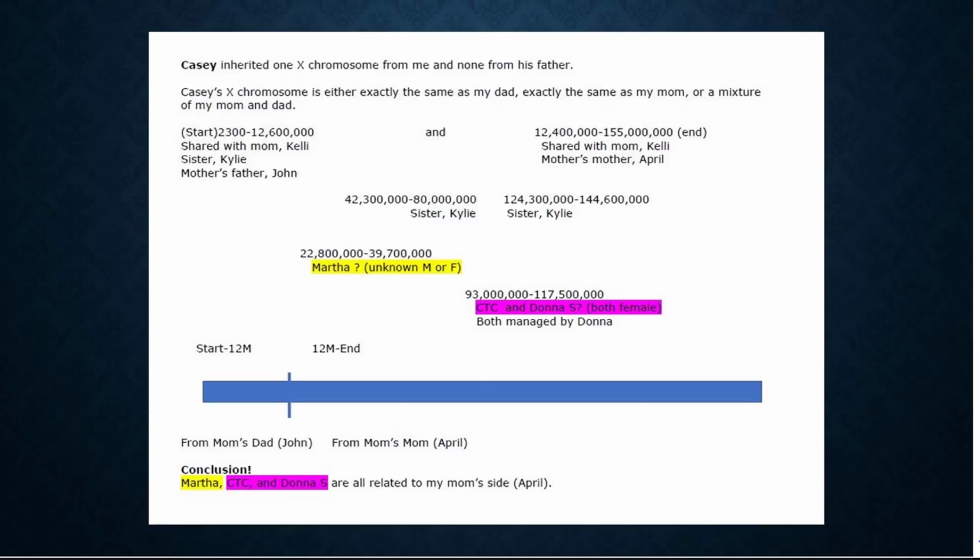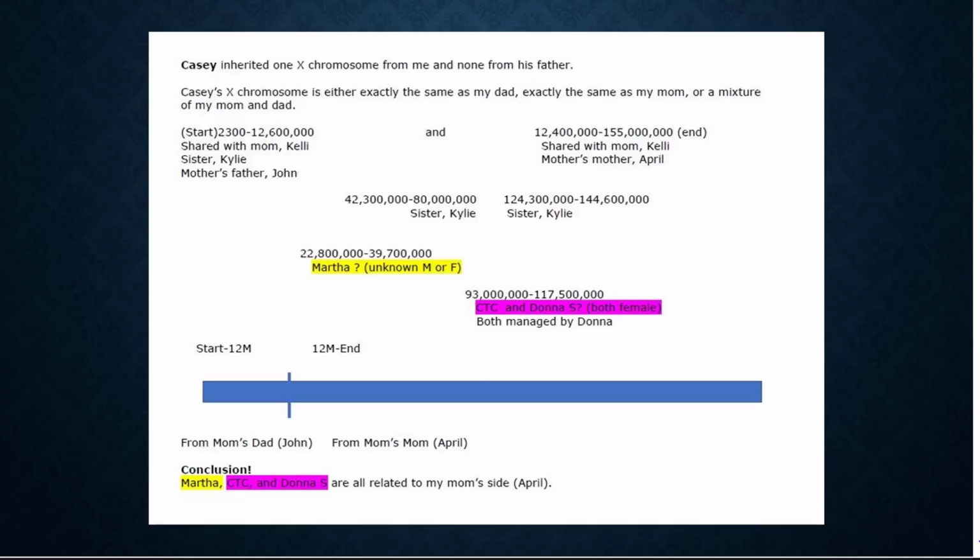If you look at my son's X chromosome, from the beginning to 12 million, there's a break, and that piece comes from my dad. And then from 12 million to the end is from my mom. So we can actually tell which pieces come from my mom and which pieces come from my dad. And then we have these other people that match one or the other.